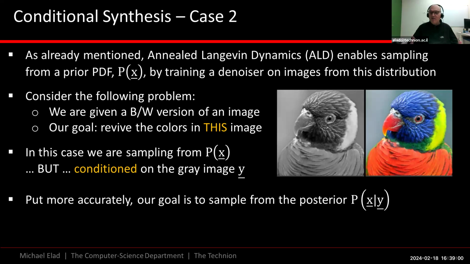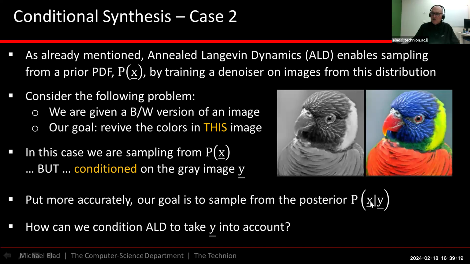Most of them are irrelevant because their gray version is not aligned with this image. Among all those images, there is a group of images that have non-zero probability for explaining this grayish image. Only those are coming into account when I'm sampling from this posterior. Okay? So the question is, how do you take Y into account? This is something we will deal with quite heavily next week.